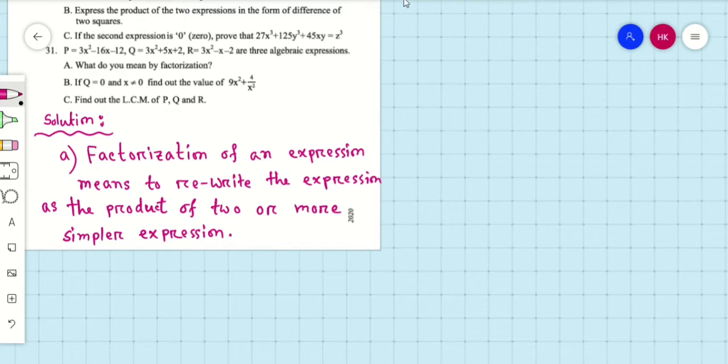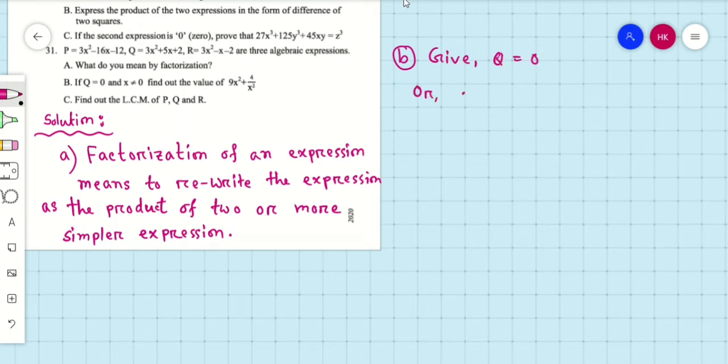Now we move on to our next question, question number B here. Question number B says, if q is equal to 0 and x not equal to 0, find out the value of 9x square plus 4x square. So given q is equal to 0, what is the value of q?